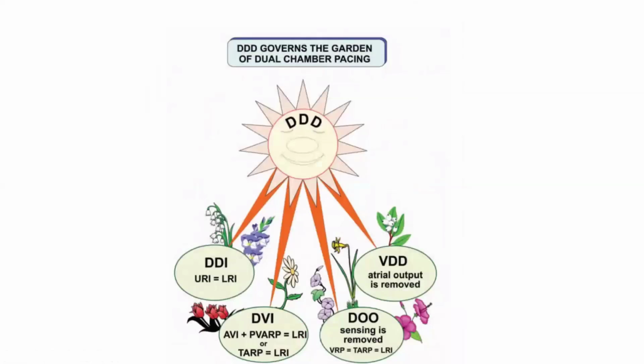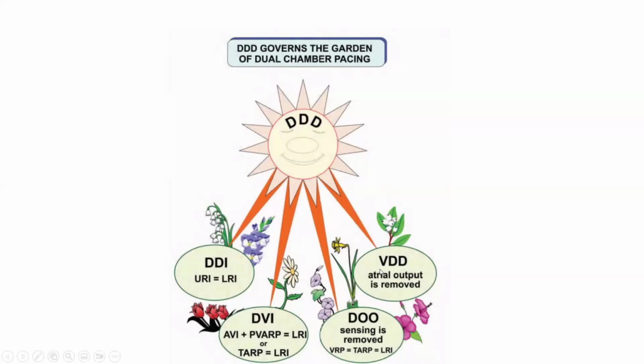To finish my rapid review, there are different types of dual chamber pacemakers. The most common is the DDD pacemaker. Another type that's commonly used is the VDD pacemaker. What is meant by VDD? I have ventricular pacing, sensing in both atrium and ventricle, and both responses, triggering and inhibition. The difference from the DDD is that it doesn't pace the atrium.